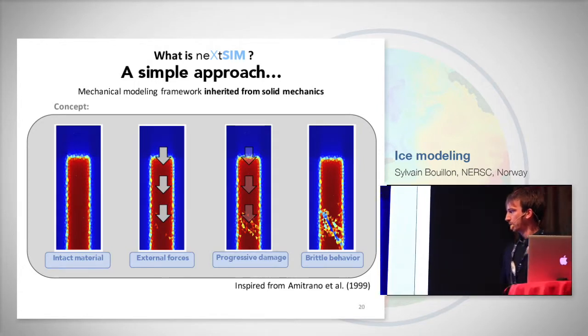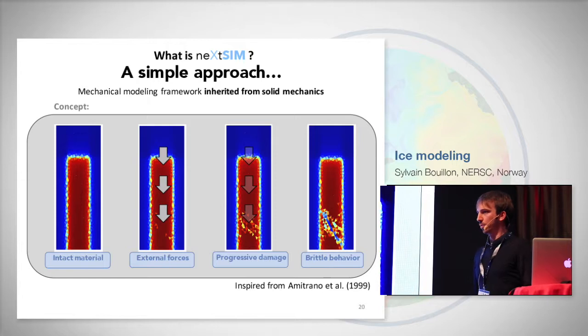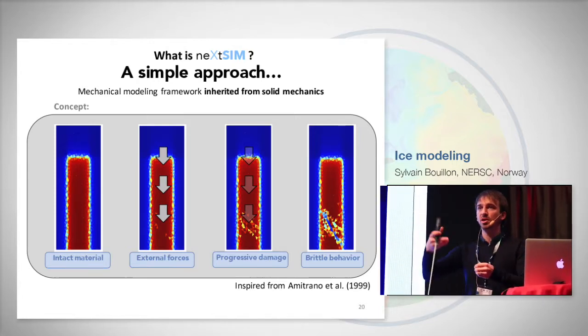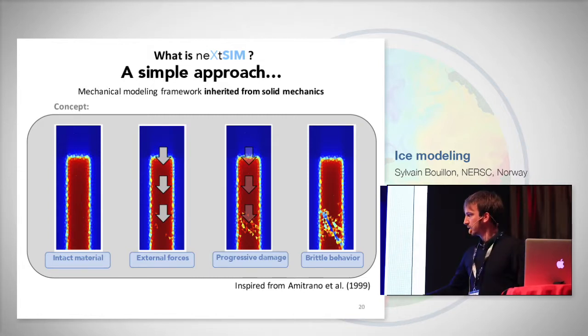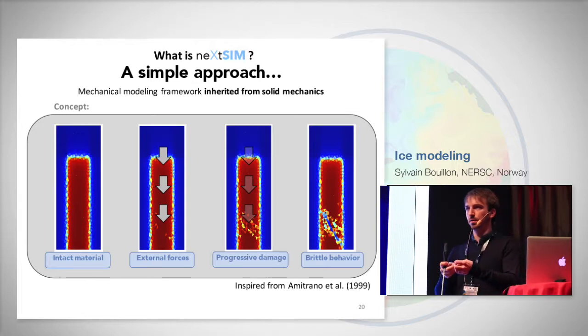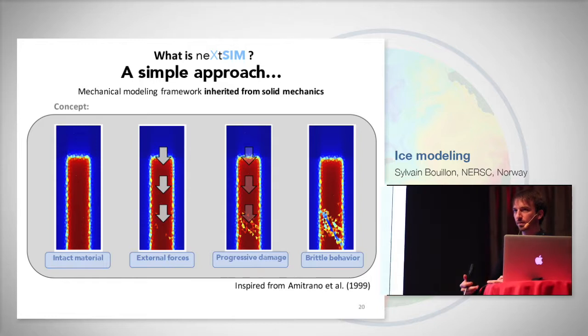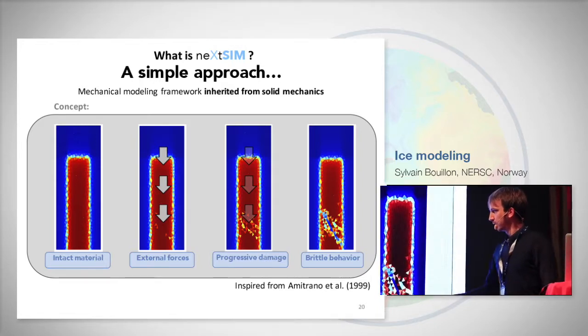What happens with our model is that when you reach a given criterion, you increase the damage. If you increase the damage in some cells, it means that they will resist less, so the internal stress will be redistributed onto the other elements, and they will start to break.